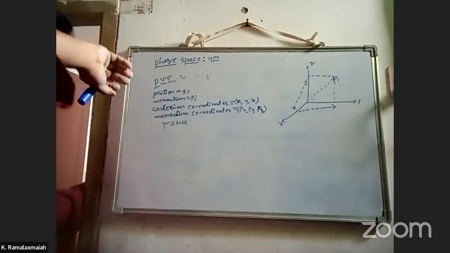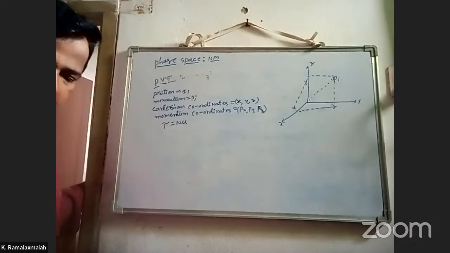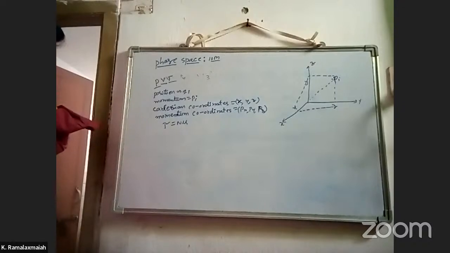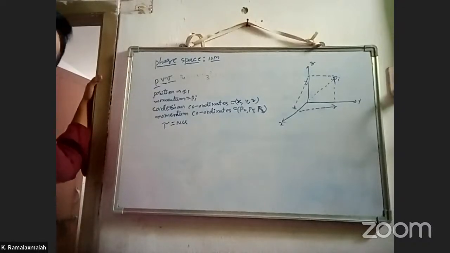This has two parts: the division of phase space into cells, and volume in phase space. The first is the division of phase space into cells.